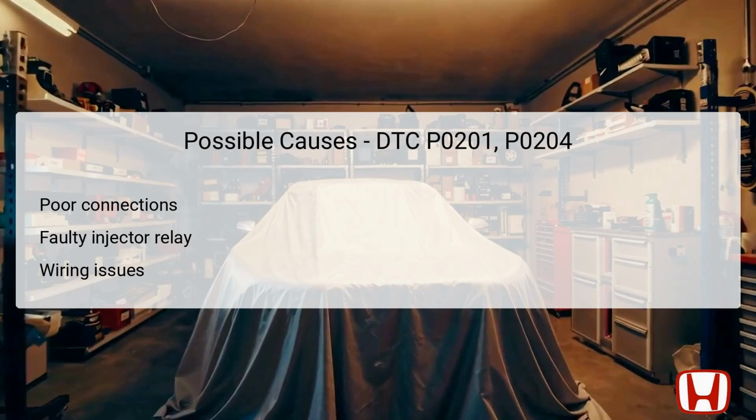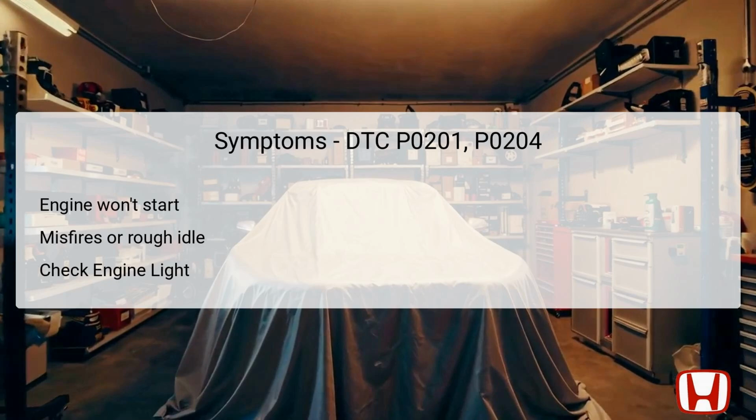vehicle's electrical system. The presence of DTC P0201 or P0204 may manifest through several noticeable symptoms in the vehicle's performance. One of the most critical indicators is the engine's failure to start, which can disrupt daily operations for the vehicle owner.